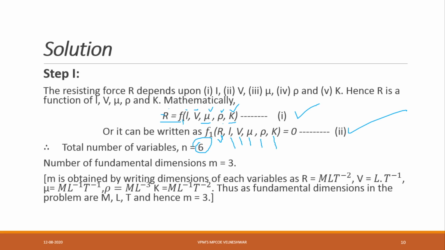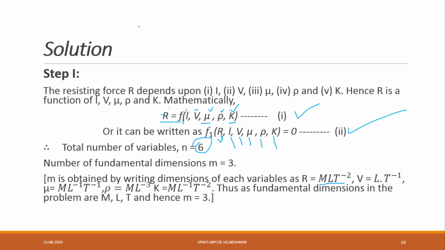Please go through that and write their values. Force is M L T power minus 2, velocity L T power minus 1, viscosity M L minus 1 T minus 1, density M L minus 3, bulk modulus M L minus 1 T minus 2. Thus the fundamental dimensions in the problem are M, L, T, and hence m is equal to 3.